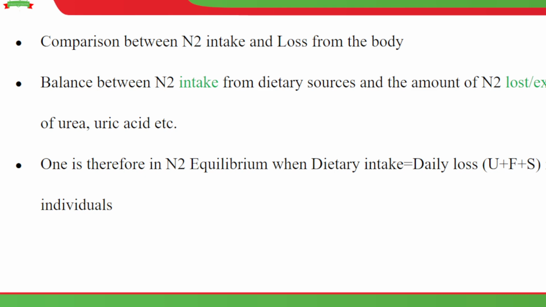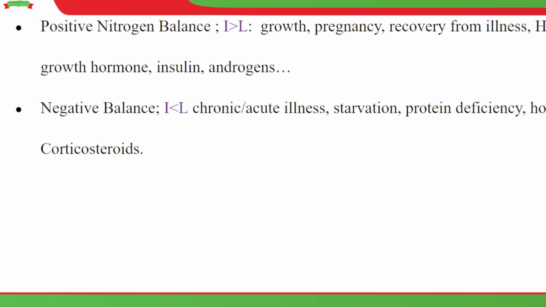One is therefore in nitrogen equilibrium when the dietary intake is equal to the loss. That is possible in a healthy individual. If you're healthy, the amount of nitrogen you lose is the same as the amount of nitrogen you take in through your diet. But then there are the negative nitrogen balance and the positive nitrogen balance. In a positive nitrogen balance, the intake of nitrogen is greater than the loss.